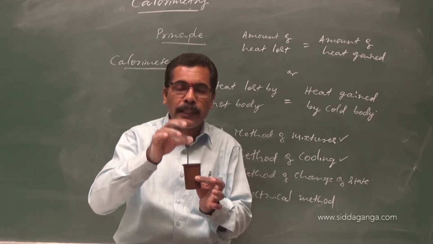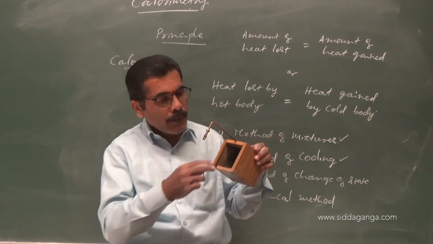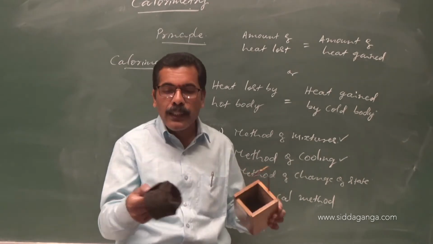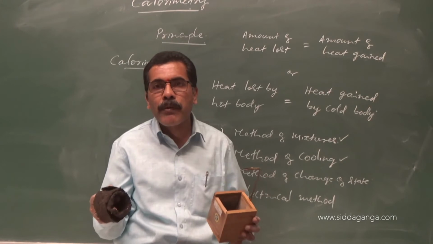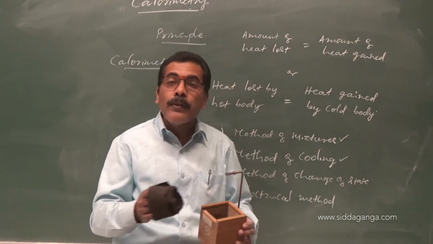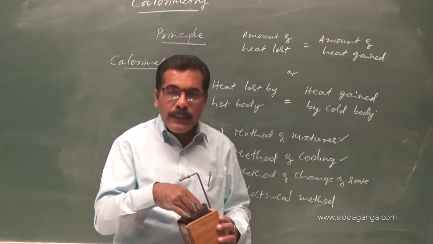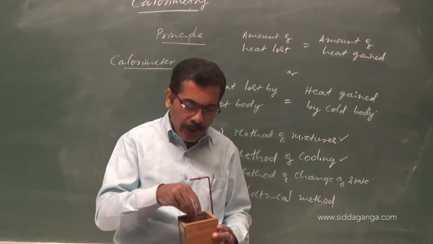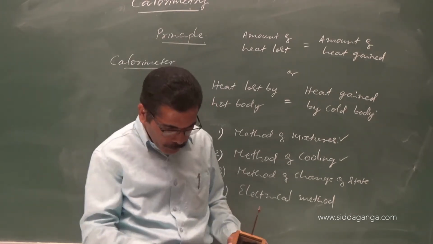And we have a wooden box. Inside the wooden box there is a bad conductor, it may be felt or wool. It is an empty hollow wooden box, kept so that it will be thermally insulated, with no chance of exchange of heat.